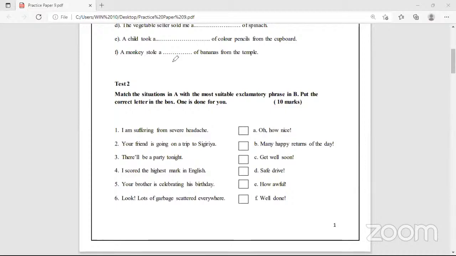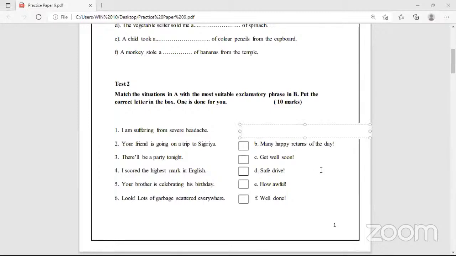First one, I am suffering from a severe headache. So the correct response for that is get well soon. That's a wish, get well soon.